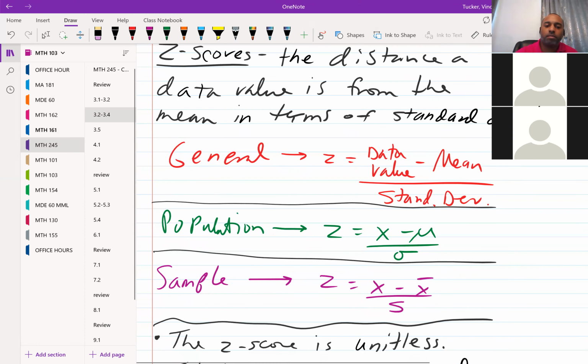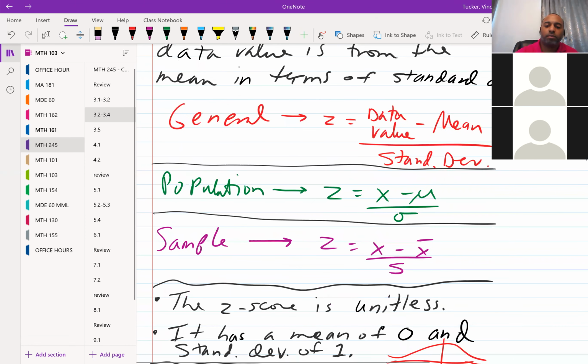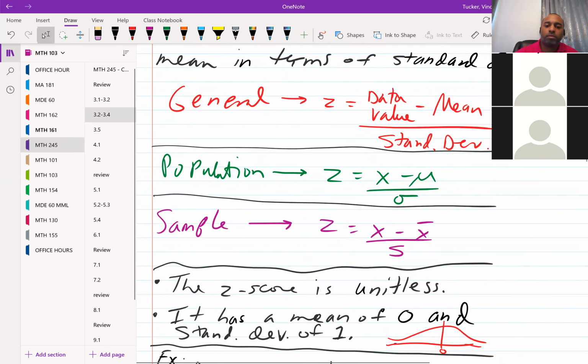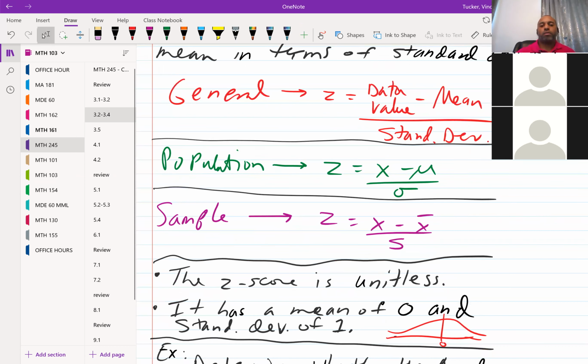A few characteristics of your Z-score: it is unitless, and it has a mean of 0 and a standard deviation of 1. Eventually, when we get to the Z-score chart, you'll see how your mean is in the middle, and when you convert that mean to a Z-score, it's 0, and the standard deviation is 1.